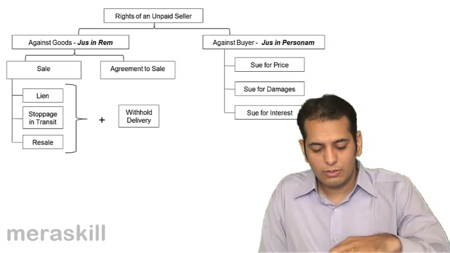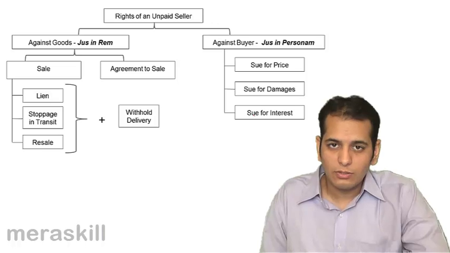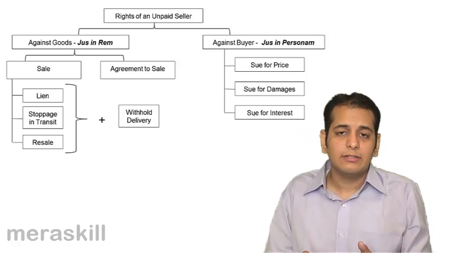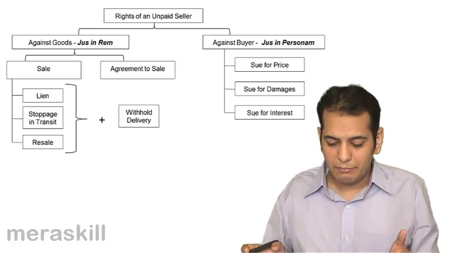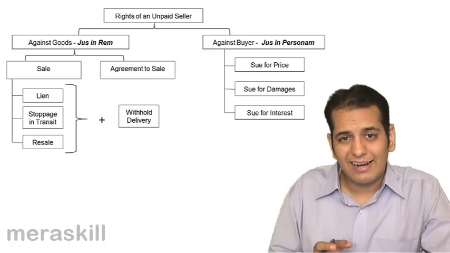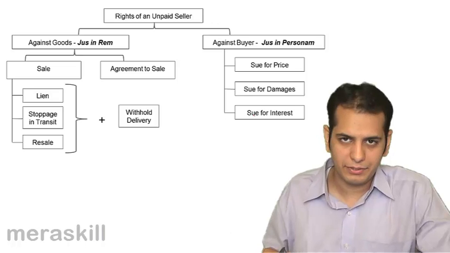This is how the chart of rights of unpaid seller looks. Now in this chart you can see the rights of the seller are basically divided into two parts. The first is rights against goods. The second is right against the buyer.